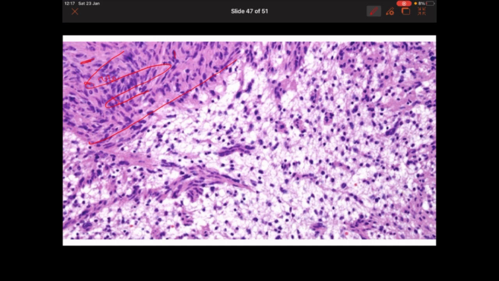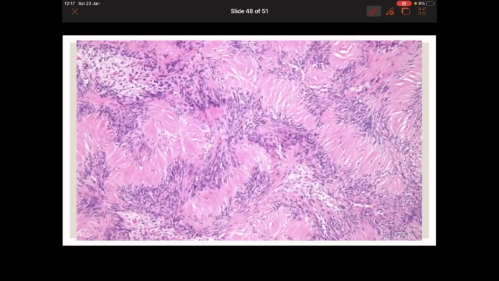The cells in the Antoni B area are more hypocellular and more rounded or oval compared to this cellular Antoni A area.